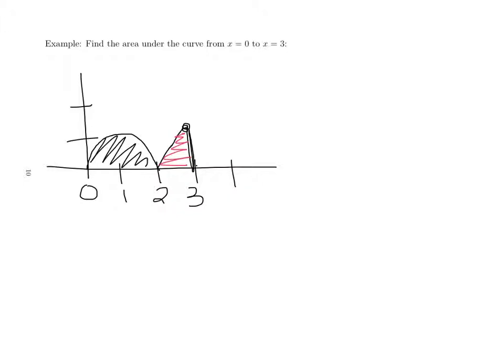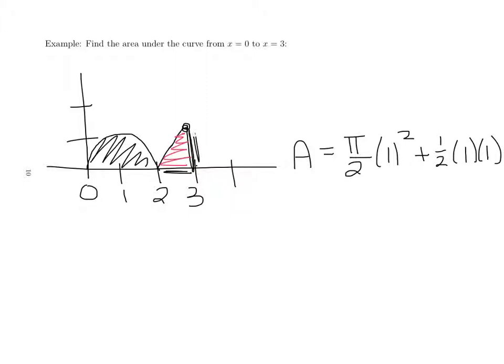So the area is going to be pi over 2 times 1 squared, because it's just half a circle. And then here, this is a triangle, 1/2 base times height, where both the base and the height are 1. So that gives us an area of pi over 2 plus 1/2.